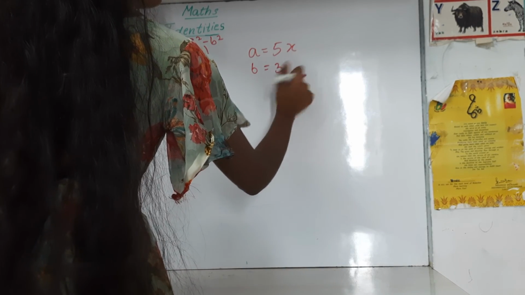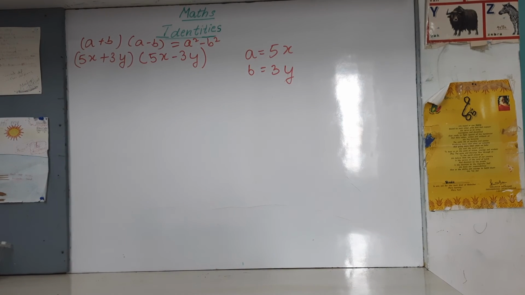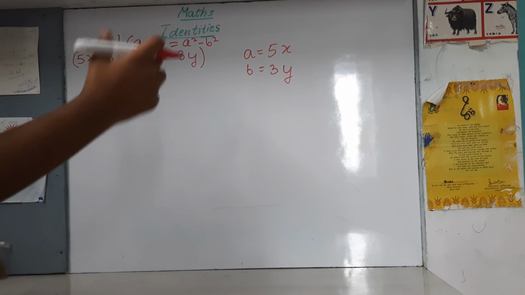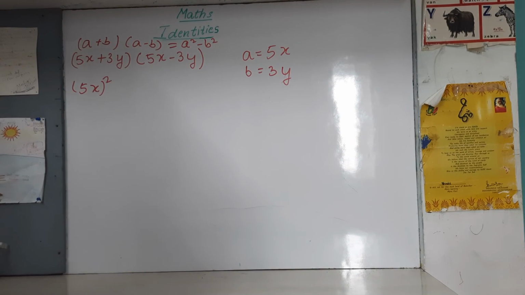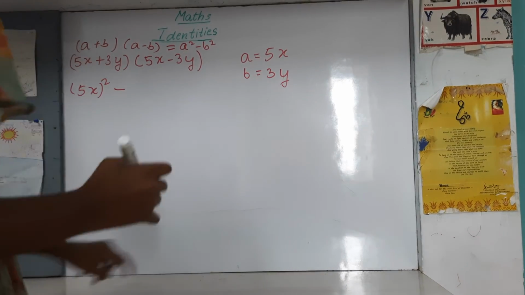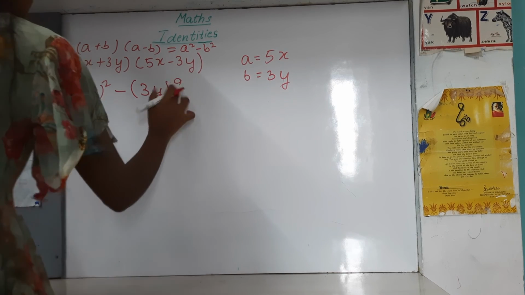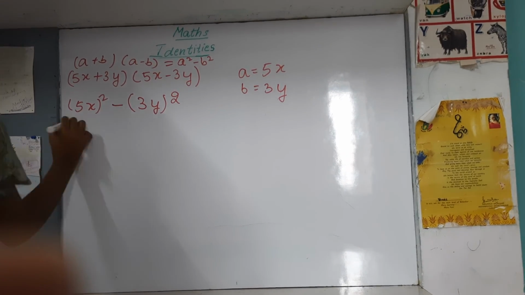So we found out what is a and what is b. The formula is a square minus b square. So 5x whole square minus b, which is 3y, so 3y whole square.